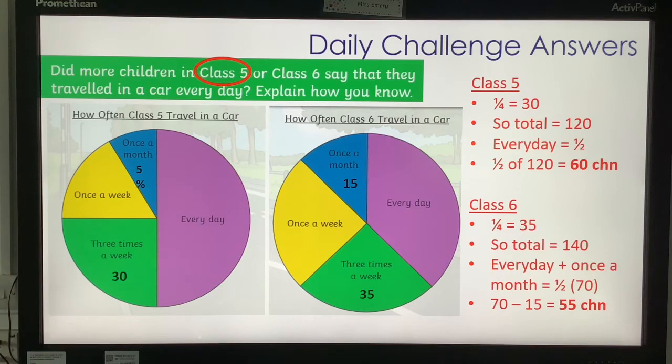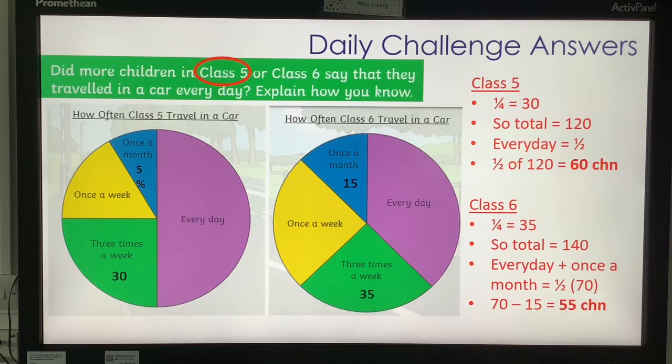Then if we look over at class 6, it's not quite as simple for class 6 because their everyday section doesn't represent 1/2, but we can still calculate it. We know that 35 children said 3 times a week, and 3 times a week represents exactly 1/4. So if 35 is 1/4, we need to times that by 4 to find our total, and we know that our total is 140.